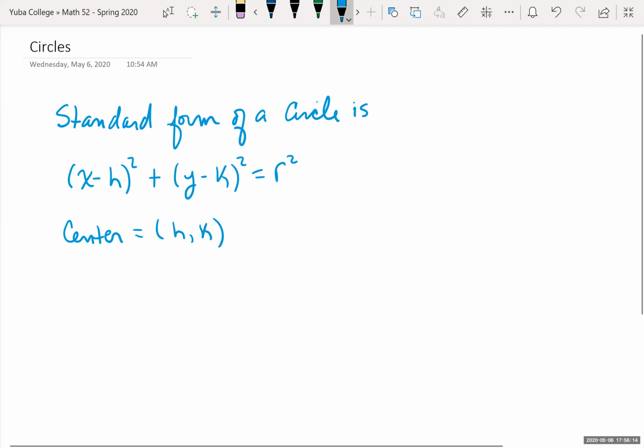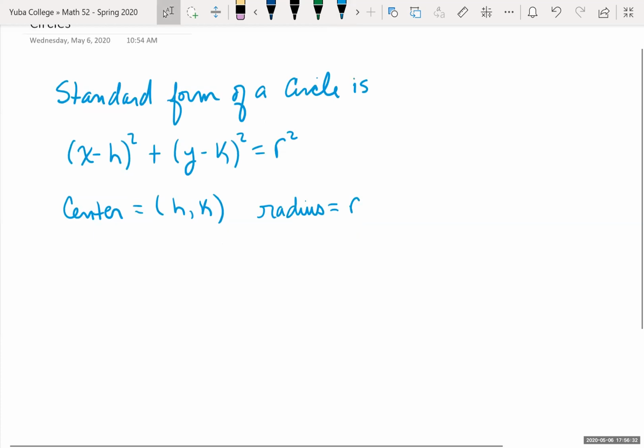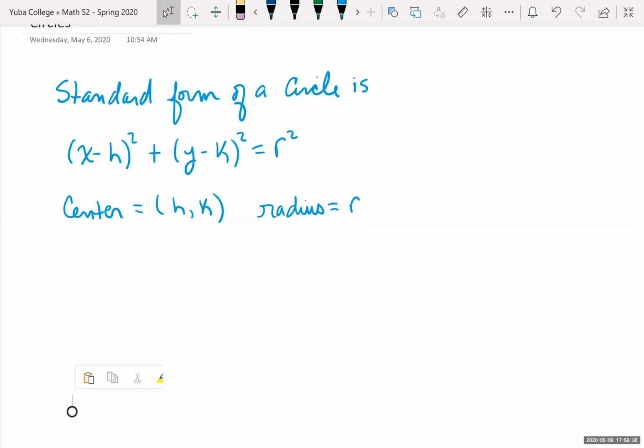So same kind of idea with circles. Both our h and k values are the opposite signs of what was inside the parentheses. And the radius is equal to r. So the other side is quantity squared, so to get the radius, we have to figure out the square root of that.